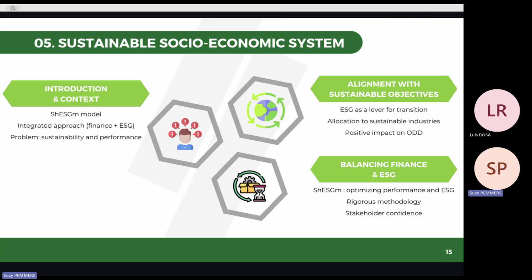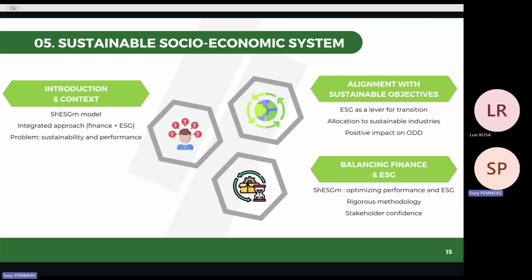So now we are going to talk about a precise strategy for a sustainable socio-economic system. This paper highlights an innovative model, the SHESGM, which combines financial objectives with ESG considerations, as Luis already said. This approach aims to resolve the often perceived dilemma between economic performance and sustainability by offering an integrating solution for portfolio construction.